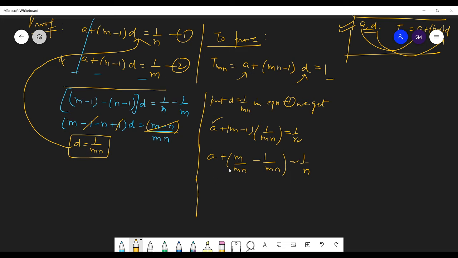So what do we get from here? M will cancel out. So A plus 1 by N minus 1 upon MN is equal to 1 by N. So subtract both sides with 1 by N, so 1 by N will cancel out, right?